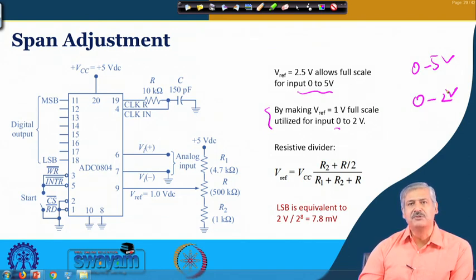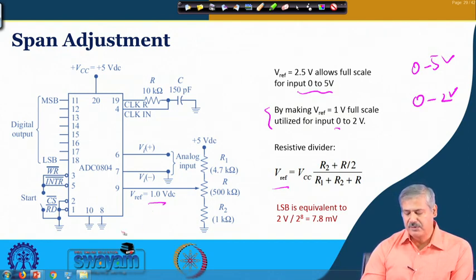This is useful so that you can utilize the entire range of all the bits to encode an analog signal which has a lower range. Otherwise, it will use a lesser number of bits. Accordingly the quantization noise will be reduced if you use the full range of all the bits that is available. To get that particular reference voltage, of course, you can use a resistor divider circuit, something like this, and generate a reference voltage which is 1 volt DC.